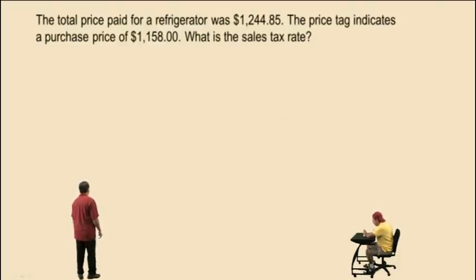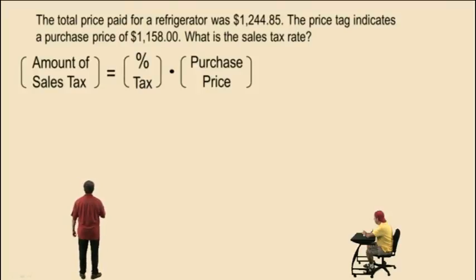The total price paid for a refrigerator was $1,244.85. That's the price paid at the cash register, and it includes the amount of sales tax. The price tag indicates a purchase price of $1,158. That's the price on the price tag. What is the sales tax rate?